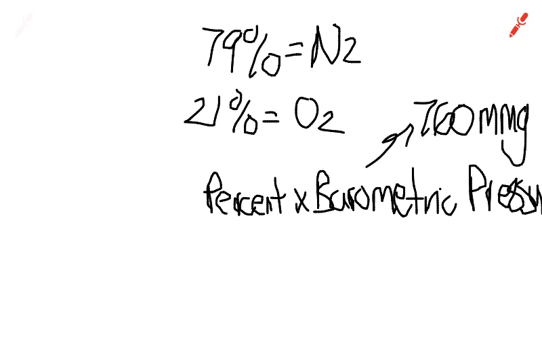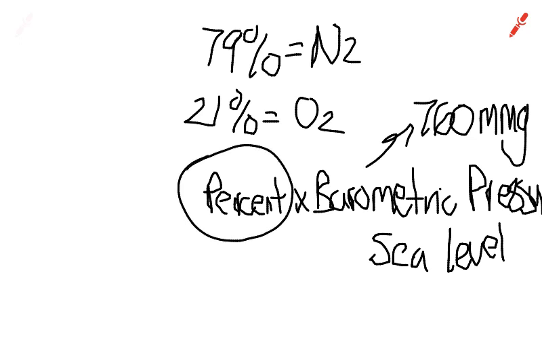Oh, sorry, I'm confused. Barometric pressure is the pressure at sea level. It's 760 millimeters of mercury. When you rise in altitude, barometric pressure decreases because the pressure is lower at a higher altitude. So the percent is constant for the same molecule, but the barometric pressure decreases.